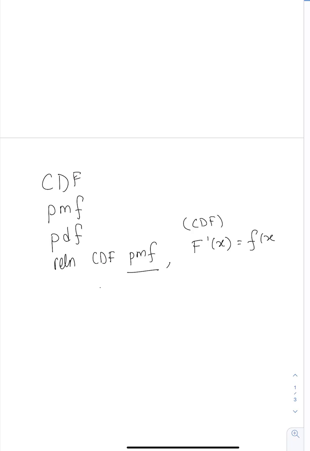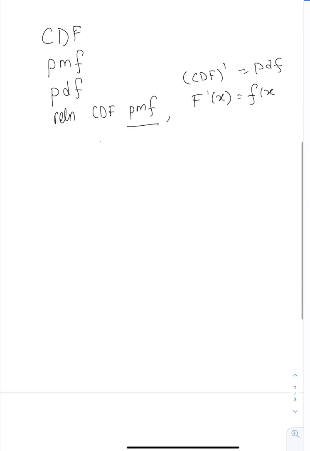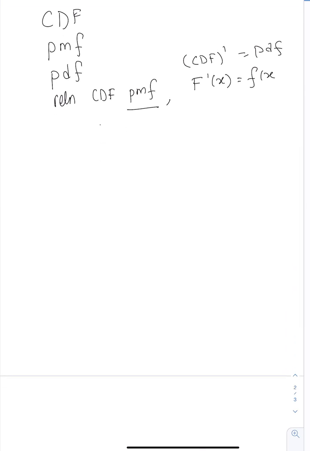Okay, so CDF prime is equal to PDF. That's what we had. So these were the main things we looked at in the single variable case. Okay, we're going to look at all of these in the joint variable case, plus we're going to look at some extra stuff. Okay, so starting with 6.1, let's say you have two random variables.